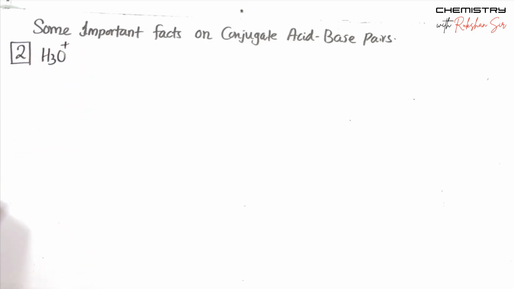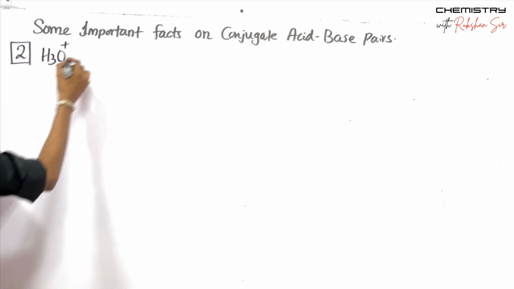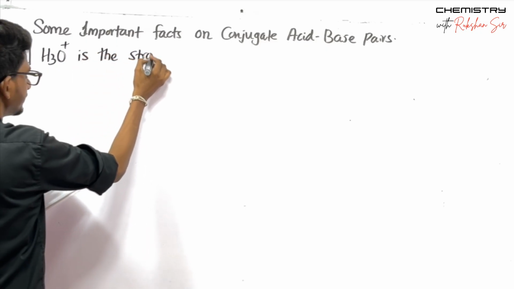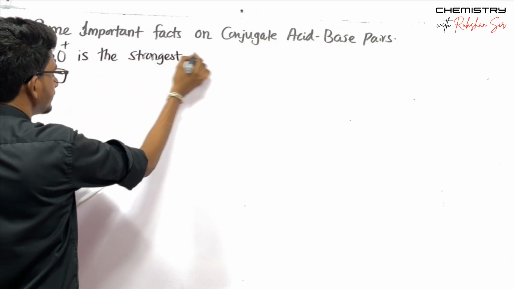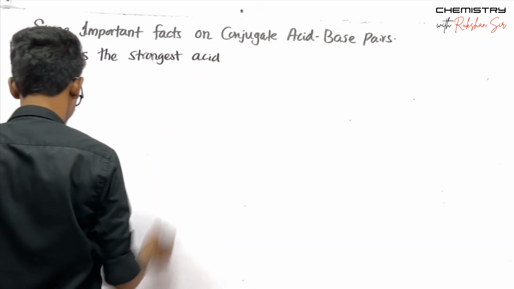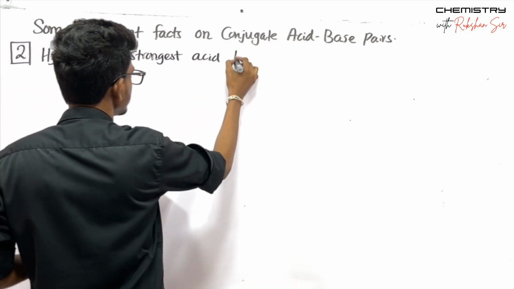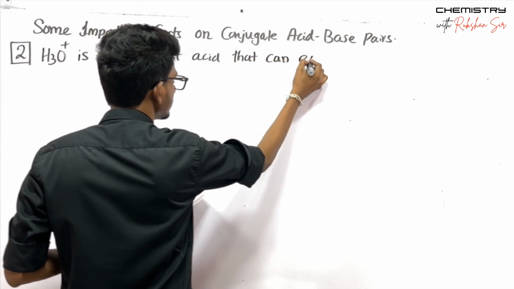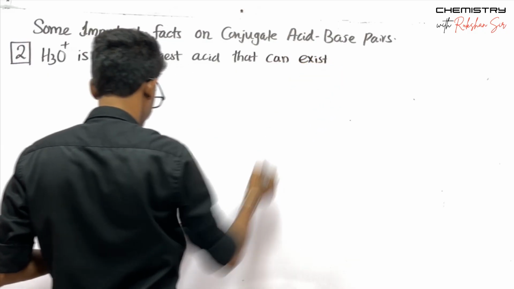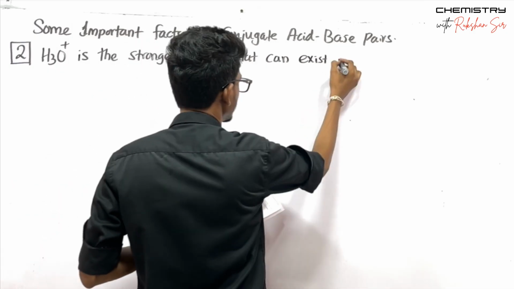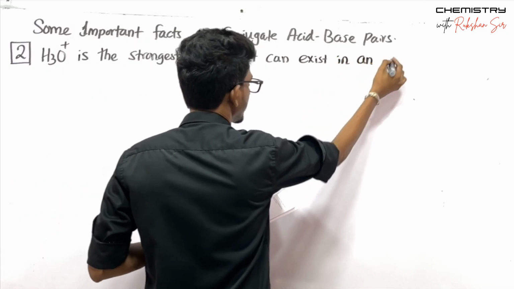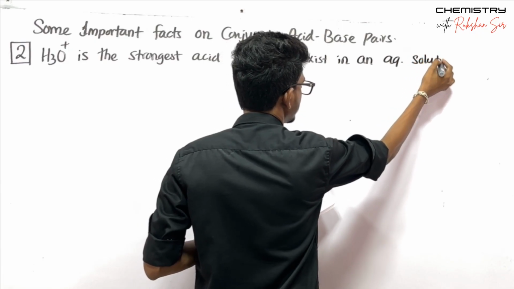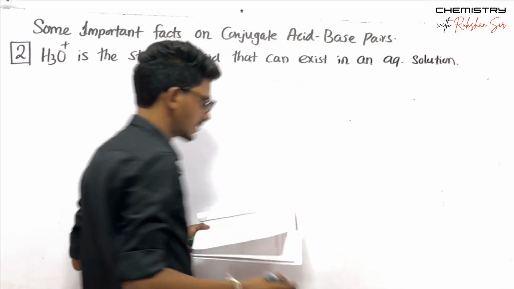H3O plus is the strongest acid that can exist in an aqueous solution.